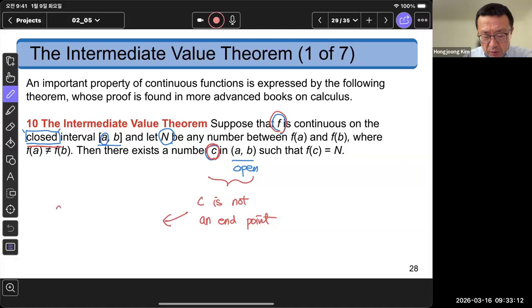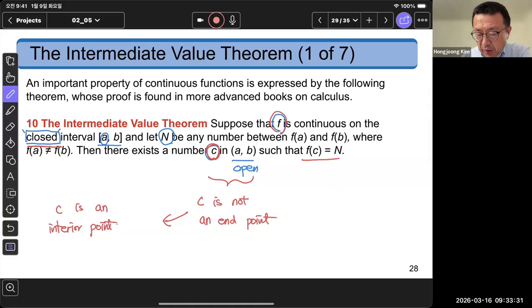So c is such a point, an interior point. So this is c, f of c equals n.